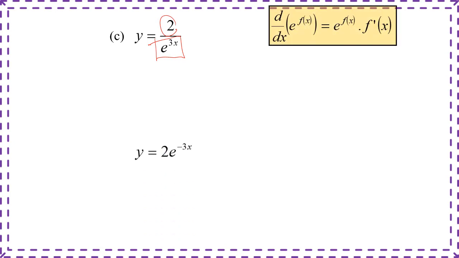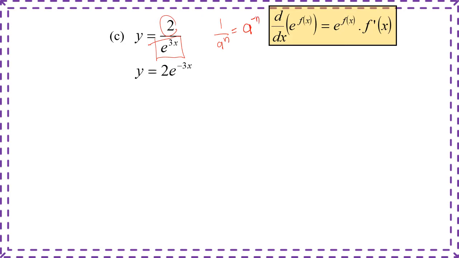Okay, and then we also can apply the rule of indices here. So it's actually equivalent to e to the power of negative 3x. So 1 over a to the power of n is equivalent to a to the power of negative n. So we have a negative in front of the 3x.